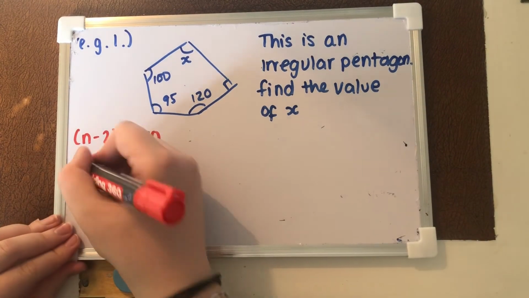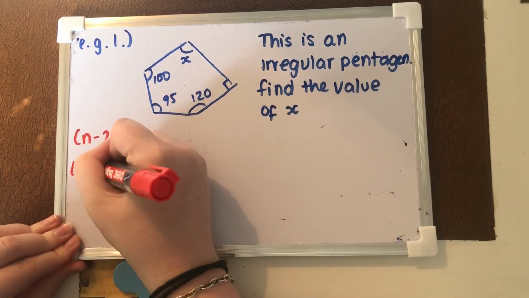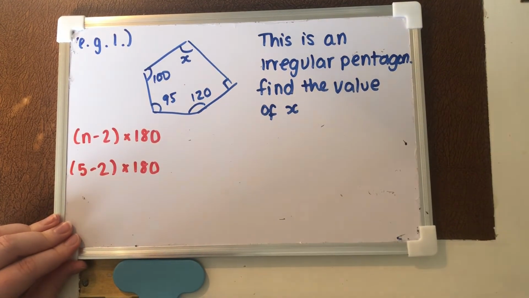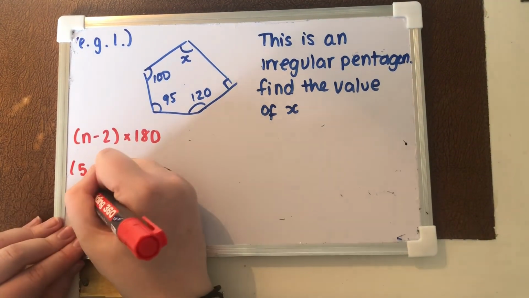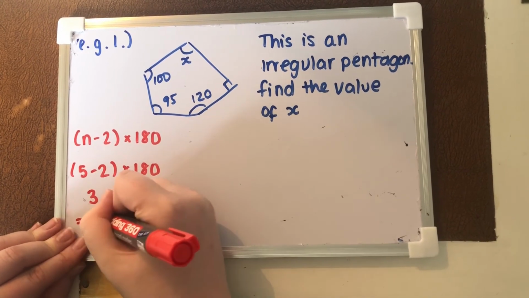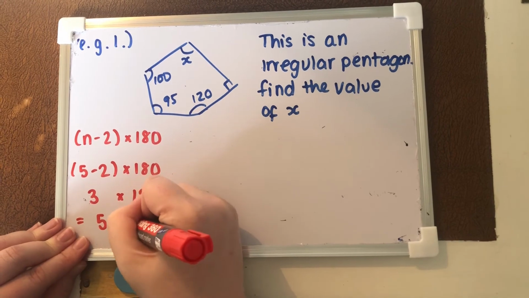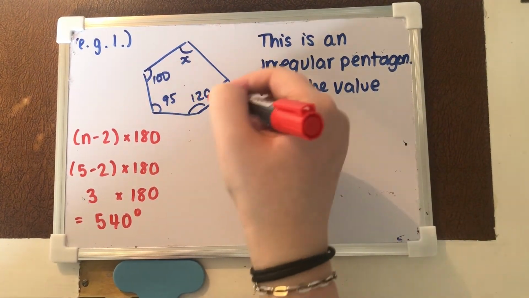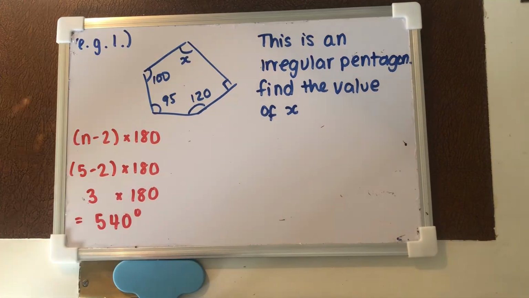So because we've got 5 sides, we do 5 take away 2, and then we multiply that by 180. So 5 take away 2 is 3. Times them together, you can use a calculator, and you should get 540 degrees. So these 5 here are going to add up to 540 degrees.